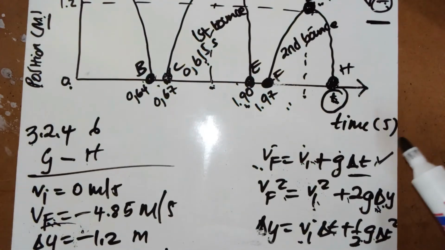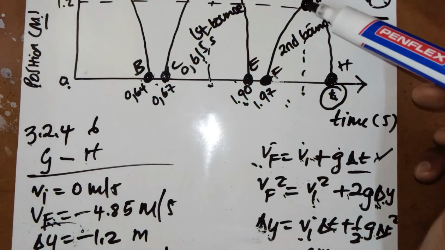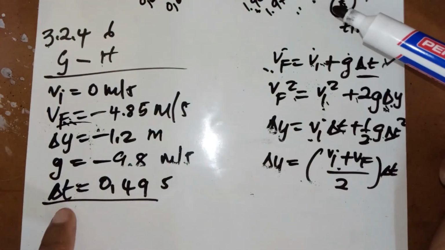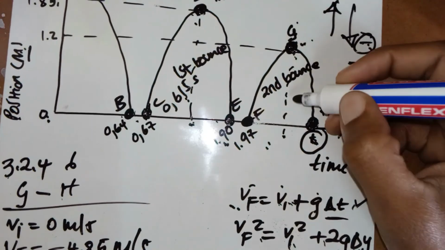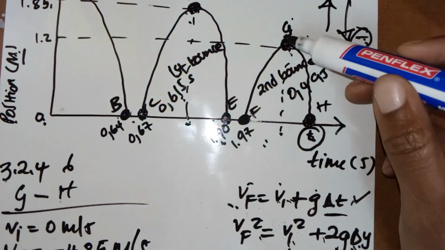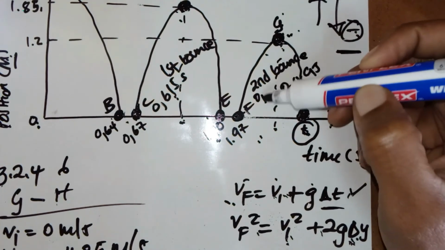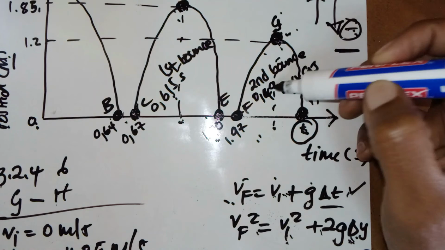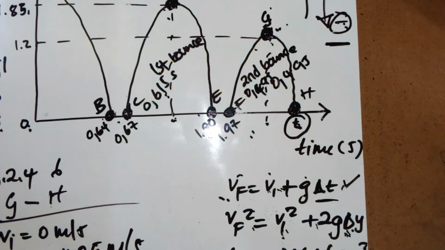So they're saying that from position G to here, the time is 0.49 seconds. But what do we know? That the time from here to here is also going to be the time from here to here. So this is also going to be 0.49, meaning the total time from here to here is going to be just the sum of that.